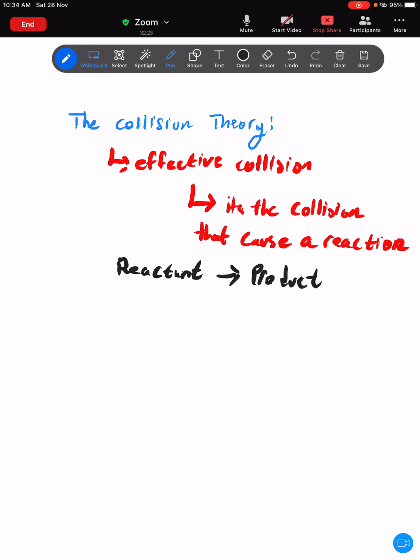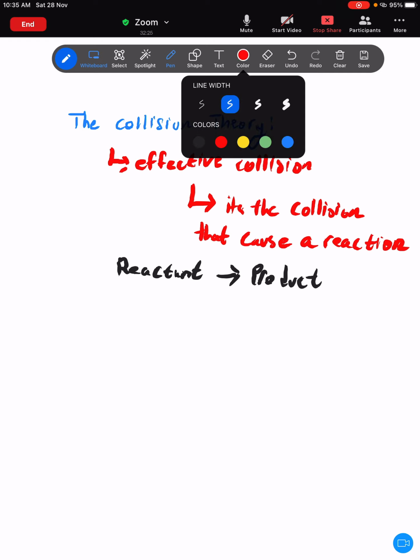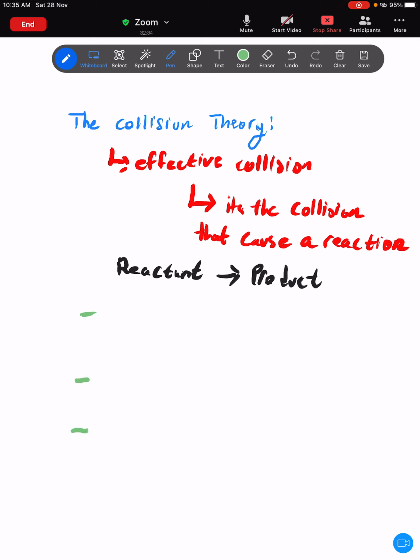Guys, there are three effective collision factors. There are three things that you need to remember that cause the effective collision. What is the first one?